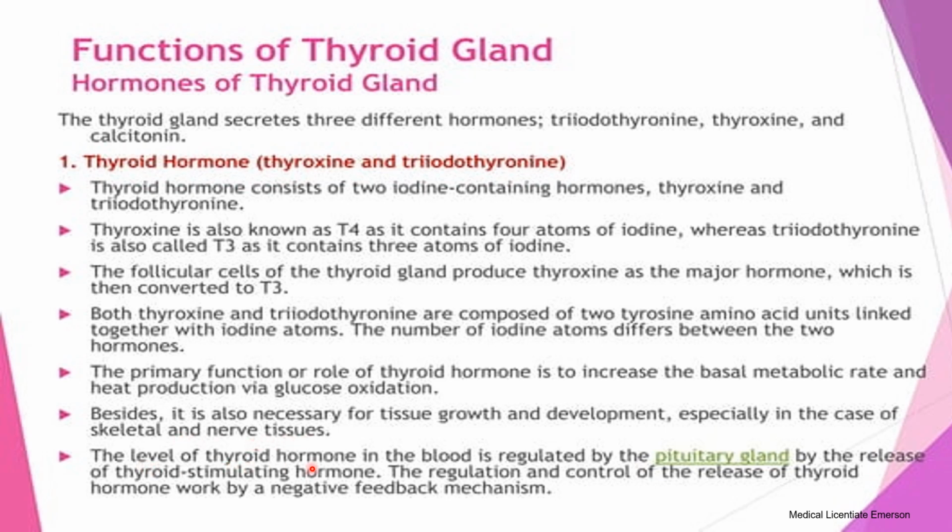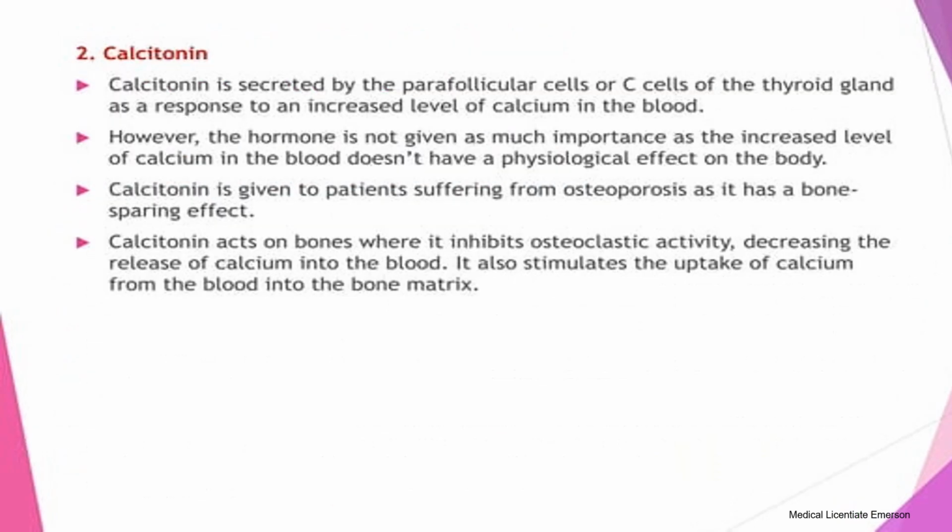Then the level of the thyroid hormone in the blood is regulated by the pituitary gland by the release of the thyroid stimulating hormone. The regulation and control of the release of the thyroid hormone works by the negative feedback mechanism.